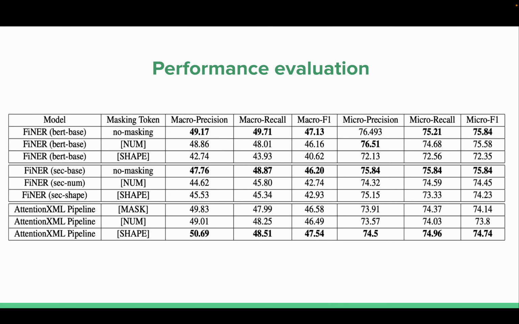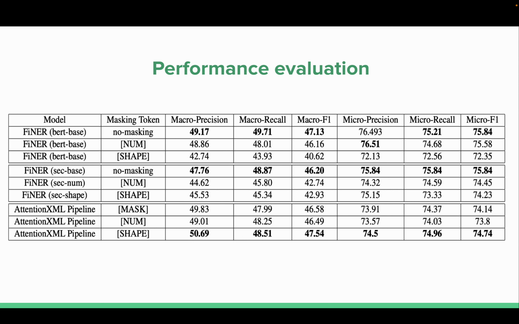We used three metrics: precision, recall and F1, both macro and micro. For our case the macro precision, macro recall and macro F1 are more important, because we want to treat all the labels equally. It may be frequent labels or infrequent labels, because every label has equal importance to the annotators. We cannot distinguish.